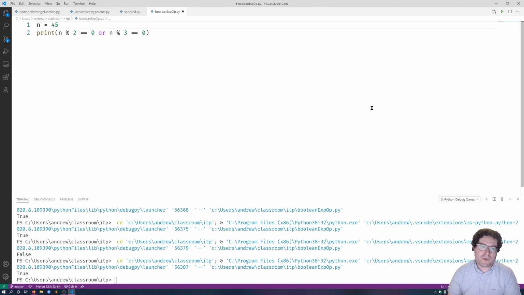So the last thing I should mention, though, is that Python is very, very smart about evaluating, by the way. So, for instance, if I put in 100 over here, if n mod 2 equals 0, so it's going to detect that 100 is an even number, right?